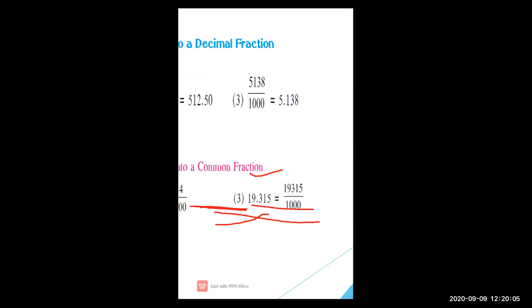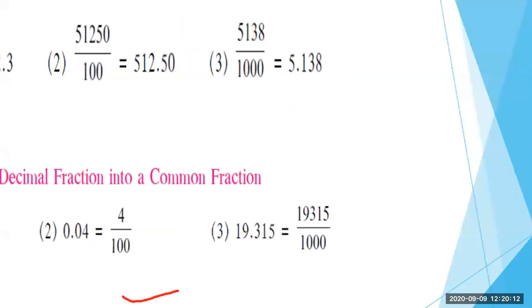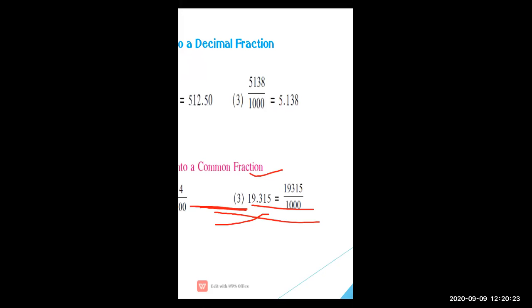Now I hope you have understood how to convert it. So I'm giving you one question. You can solve it and give me the answers in the chat box. I'm writing one question.